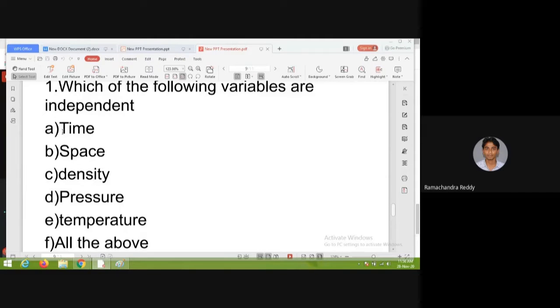If the signal depends upon both time and space, it is two dimensional. Three dimensional, and all of the above means multi-dimensional. So time, space, density, pressure, and temperature are all independent variables here. So the correct option is F: all of the above belong to the independent variables.